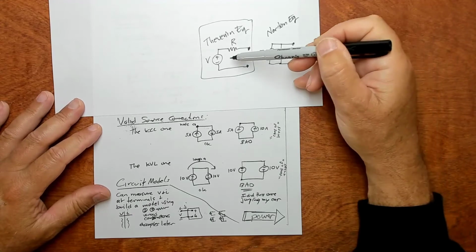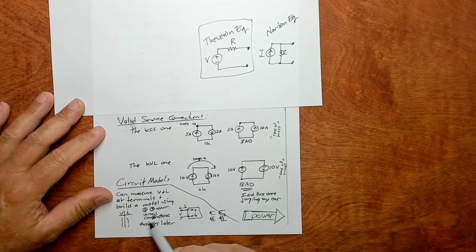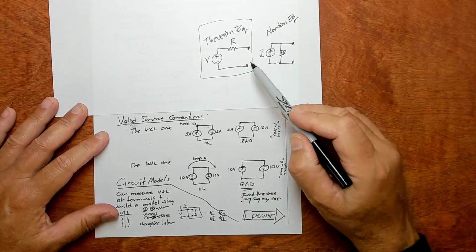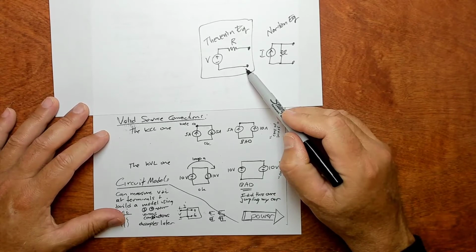So what we're saying is you have a complicated circuit that you don't know what's inside, but you can measure the V and the I. And given that, we can build one of these that will do the same thing. Okay?